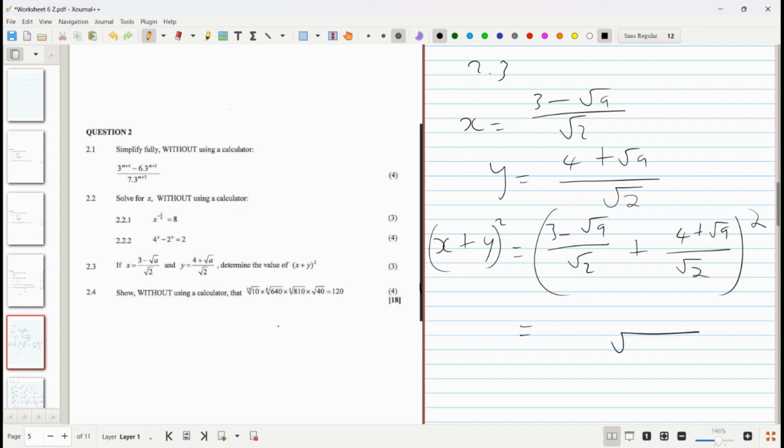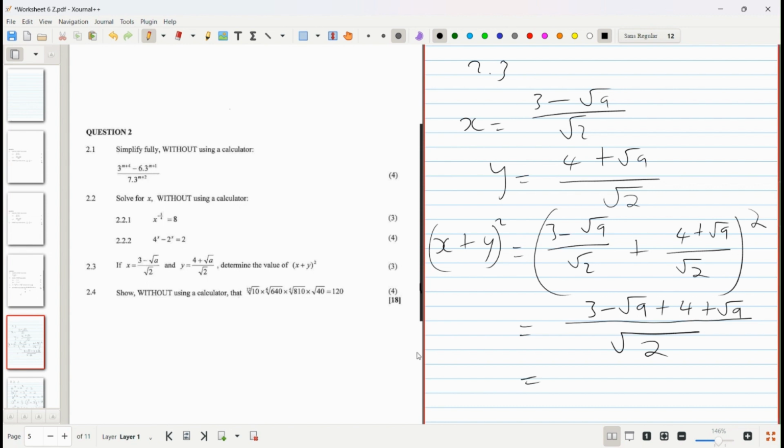Okay. So we have the LCD of square root of 2, right? Okay, and then square root of 2 divided by square root of 2 is what? Is 1. 1 multiplied by the numerator here, which is 3 minus square root of a. And then 1 multiplied by the numerator here, which is 4 plus square root of a.